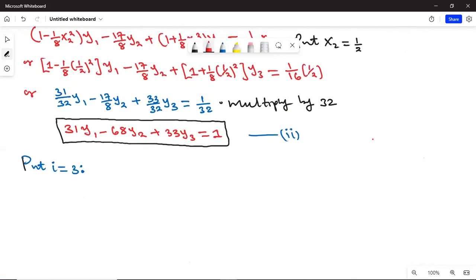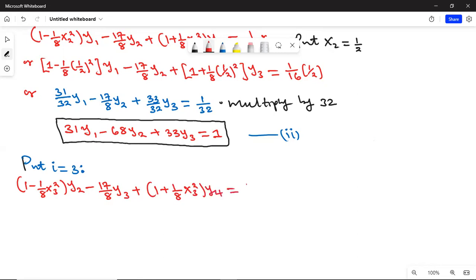It should give you 1 minus 1 over 8 x3 squared, y2 minus 17 over 8 y3 plus 1 plus 1 over 8 x3 squared, then times y4.